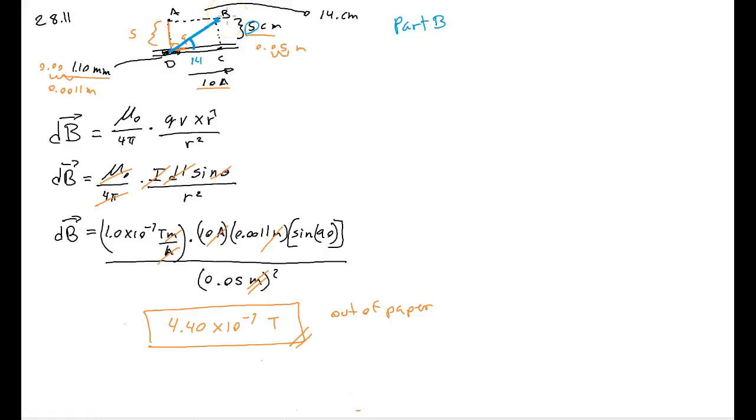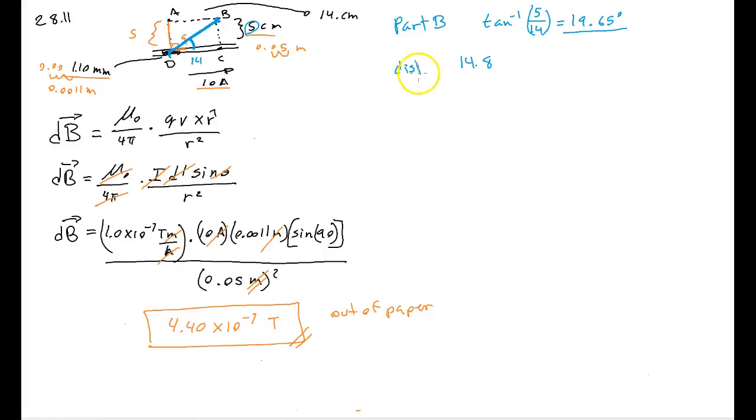So it will be tan inverse 5 over 14, which will be 19.65 degrees. And then the distance from A to B would be 14.8.